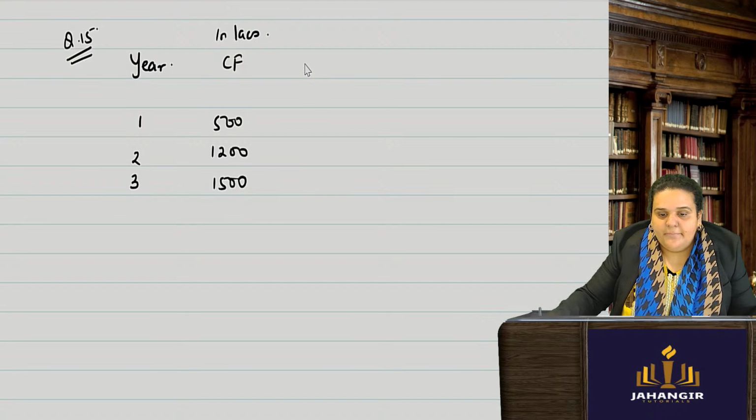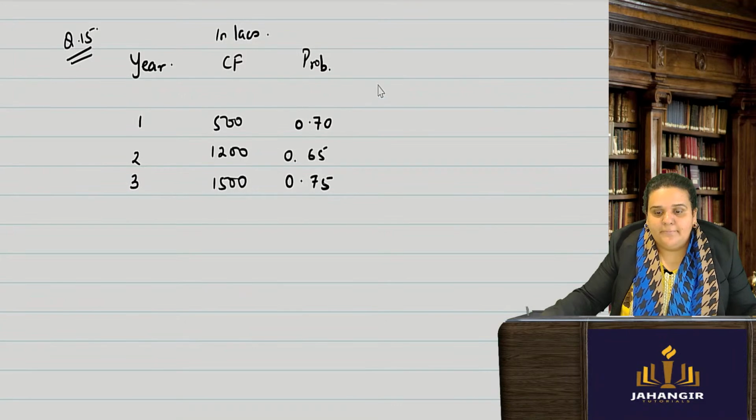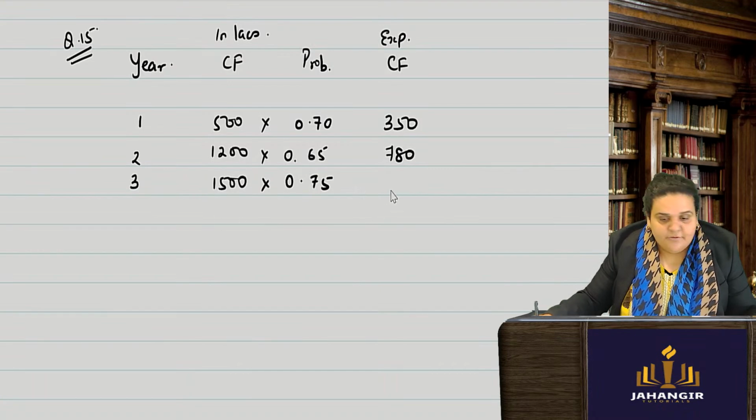But there is a probability attached to it: 0.7, 0.65 and 0.75. Therefore, my expected or probable cash flow will be 500 into 0.7, that will come to 350. 1200 into 0.65, 780. And 1500 into 0.75, 1125.